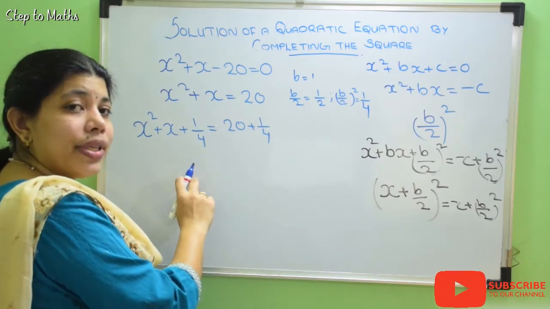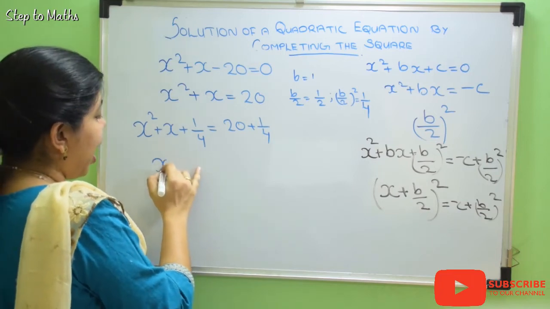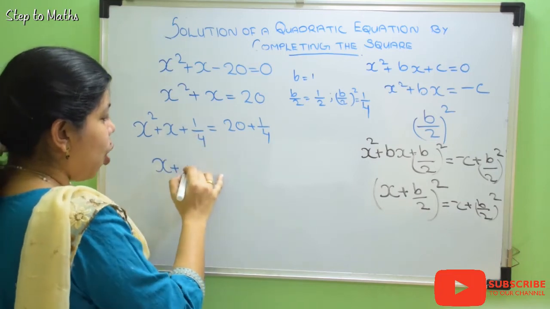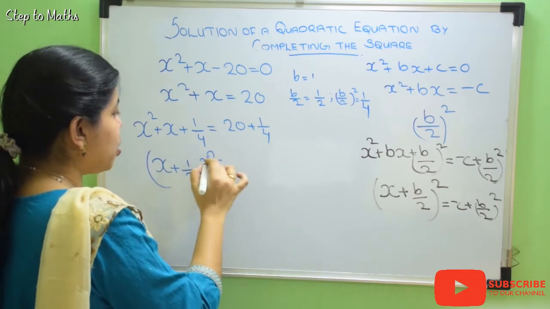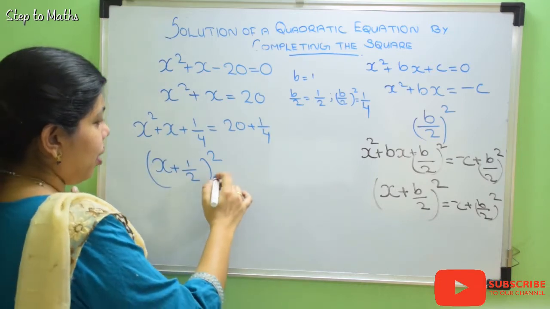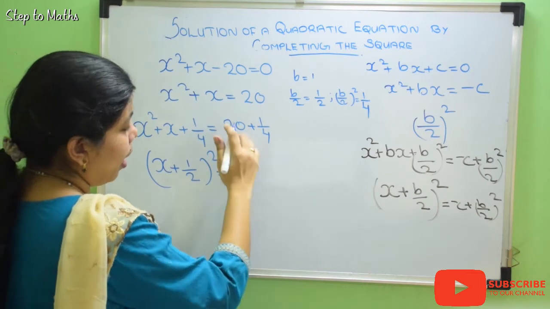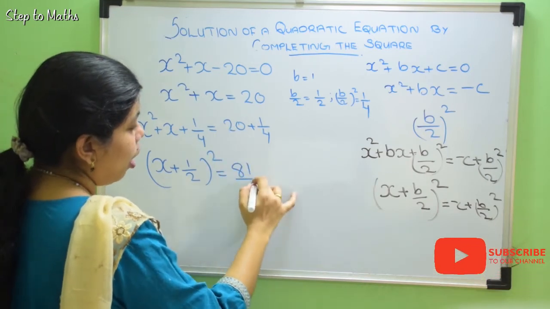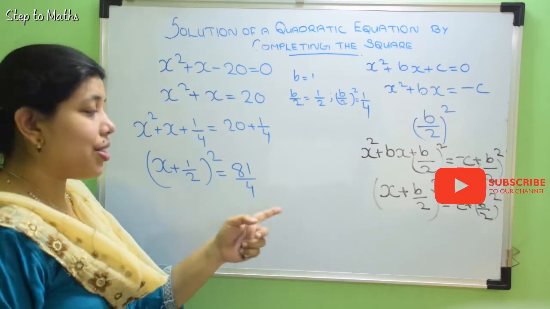Then how can we represent x square plus x plus 1 by 4 in the form of a perfect square? x plus 1 by 2 the whole square is x square plus x plus 1 by 4, which is equal to 20 plus 1 by 4, that is 81 by 4. Then take the root on both sides.